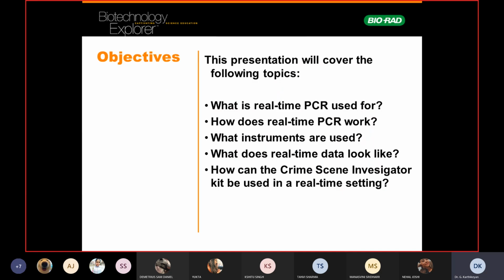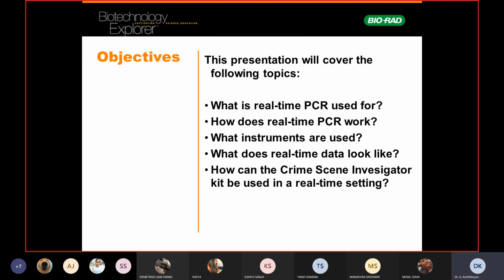Okay, so we will see what real-time PCR is, how it works, what instruments are used for real-time PCR, how real-time data looks like, and how real-time PCR can be used in crime investigations, in a real-time setting.